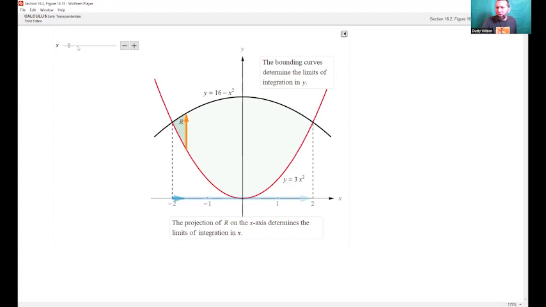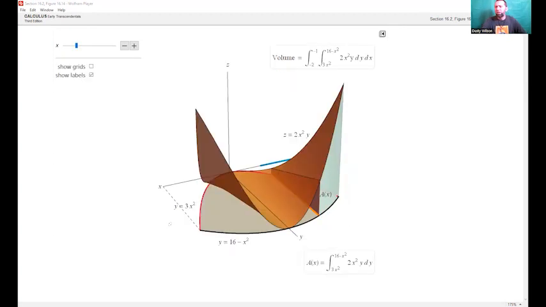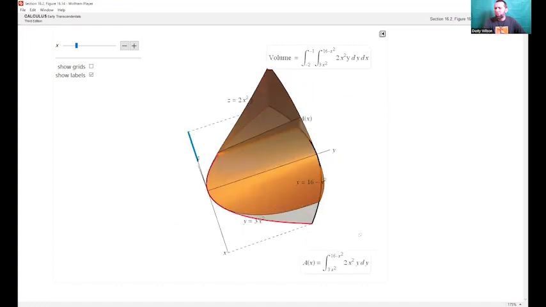And notice those arrows are starting at the red curve and going to the black curve.